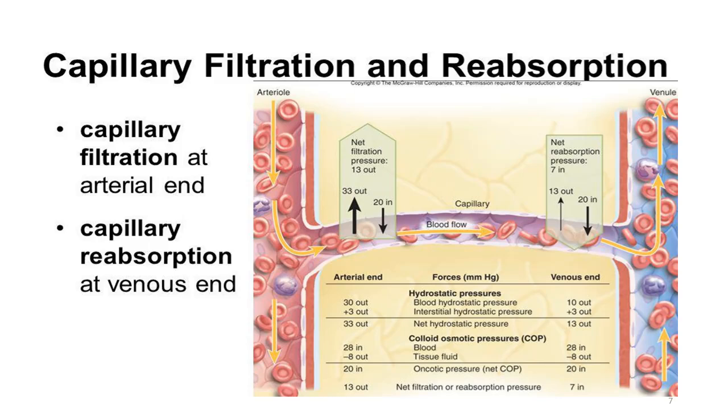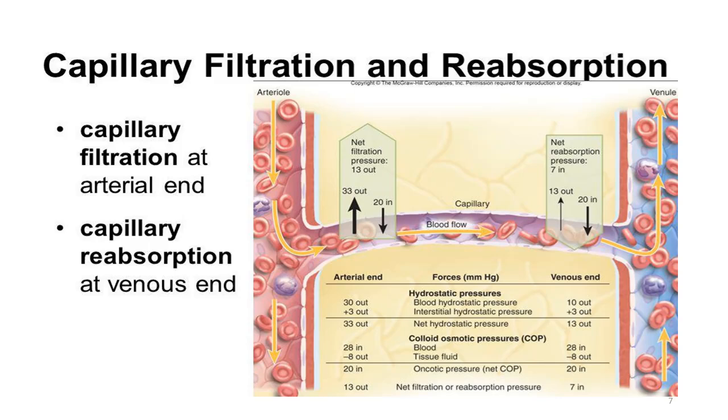What about the venous end? In the venous end, as you can see in these figures and digits, blood hydrostatic pressure is 10 millimeter mercury out of the capillary. Interstitial hydrostatic pressure is 3 millimeter of mercury out of the capillary too.